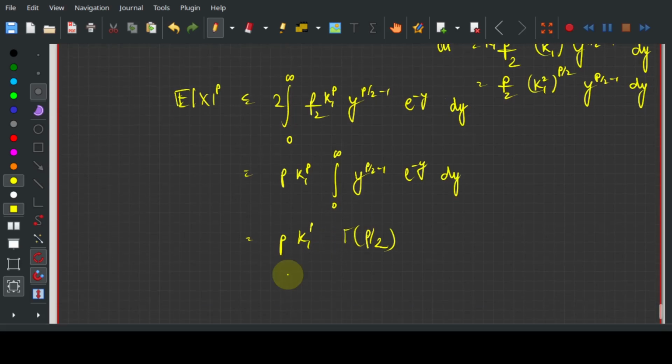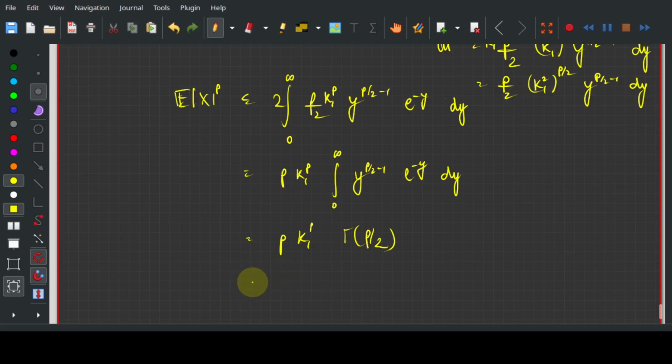Right? And do you know of any bound on gamma p by 2 from your first exercise? Correct.